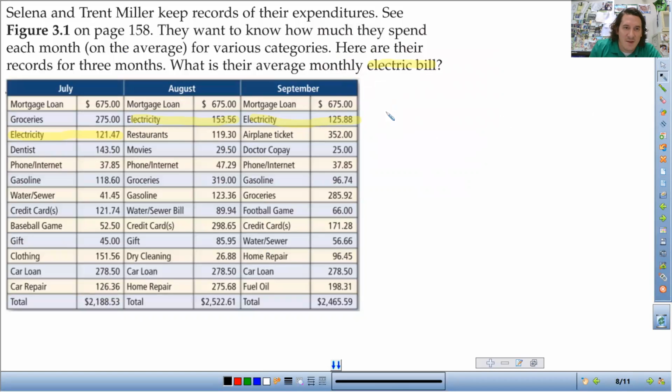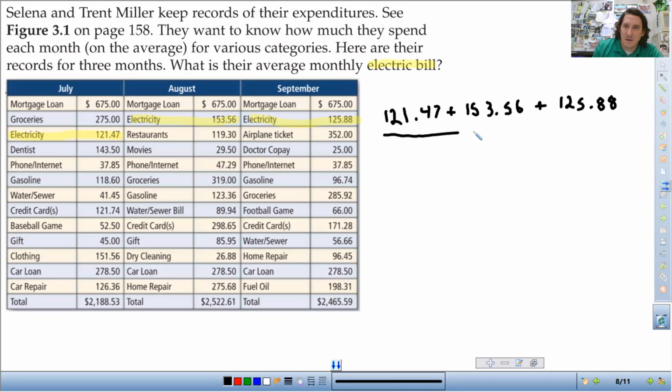So you're going to add those values together, 121.47 plus 153.56 plus 125.88. And there's only 3 numbers, so you divide it by 3. Use a calculator to add this all up.